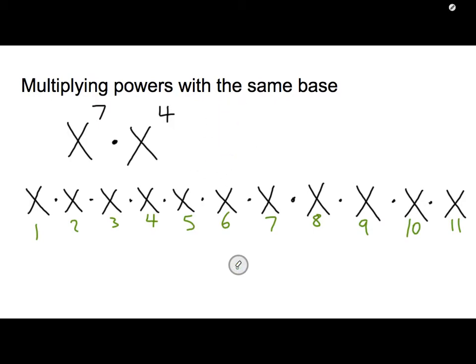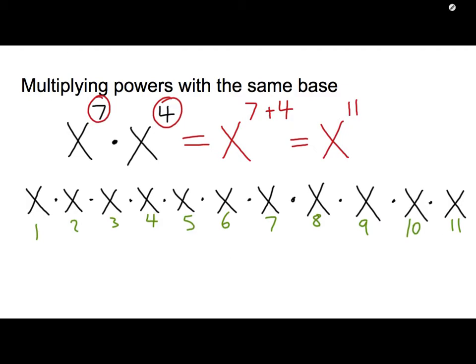If we have the same base, my base is x, all I have to do is add up my exponents. So I'm going to just get x to the 7th plus 4, which is the same as x to the 11th. And we just saved ourselves a bunch of time because now we don't have to write out the whole thing.